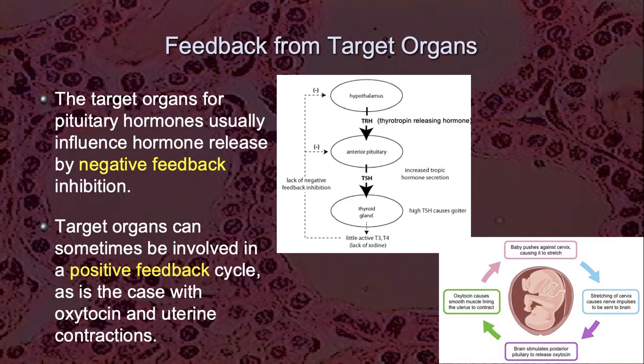We're going away from that base level of oxytocin. What eventually causes the oxytocin to stop being produced? The baby is born. And when the baby is born, are you pushing on the cervix anymore? No. Okay? So that baby's head stops pushing on the cervix, and so signals are no longer sent to the hypothalamus to release oxytocin.